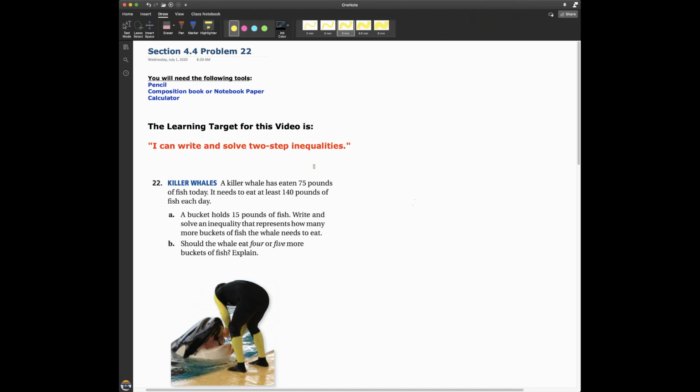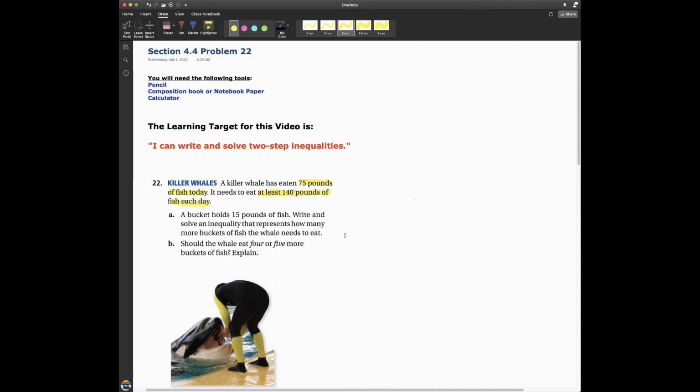Before we do that, we have to figure out what's important in our problem. A killer whale has already eaten 75 pounds of fish today. That's a lot of fish. The next sentence says it needs to eat at least, and that's important, 140 pounds of fish each day.